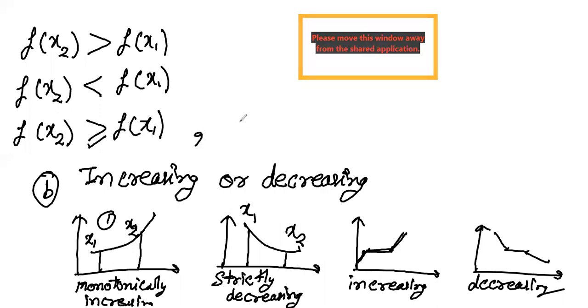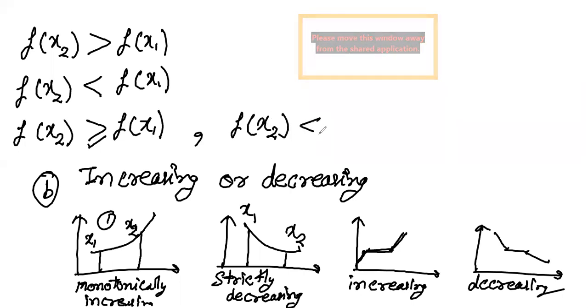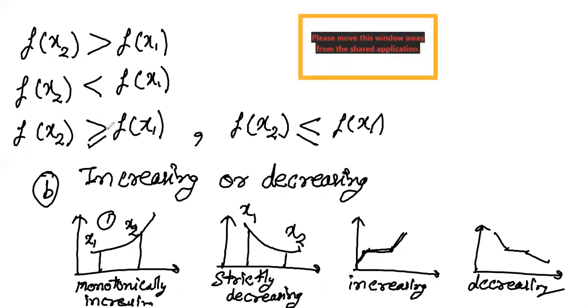Similarly, f of x2 is lesser than f of x1, but it could be equal also, so that time it will be only a decreasing function. If there is no equal to sign, it is strictly increasing, and if there is an equal sign, it is only increasing. These are the basics of increasing and decreasing functions.